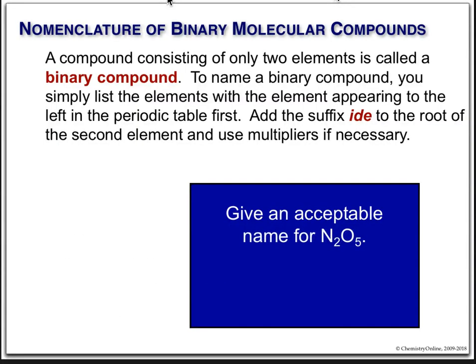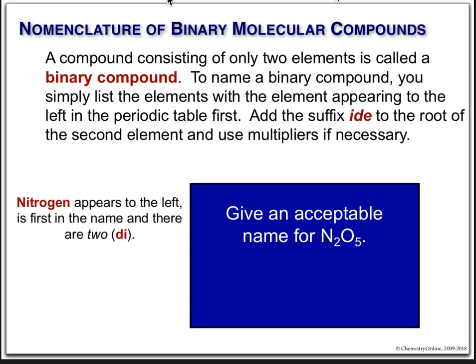In 205, quickly write down this thing. What is 5? 5 is a pent, isn't it? Our first word, because we have two nitrogens, is going to be dinitrogen.